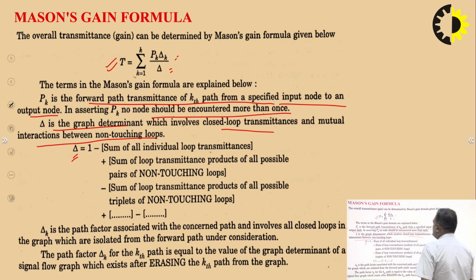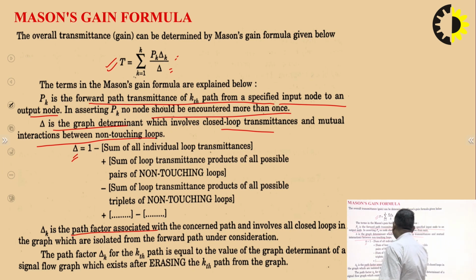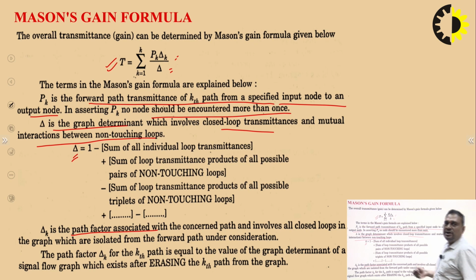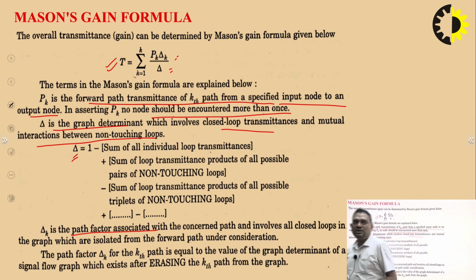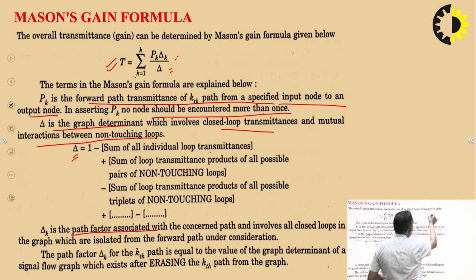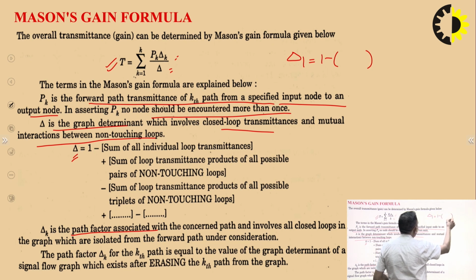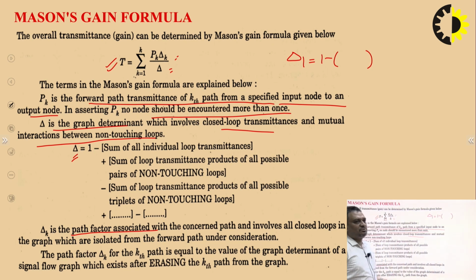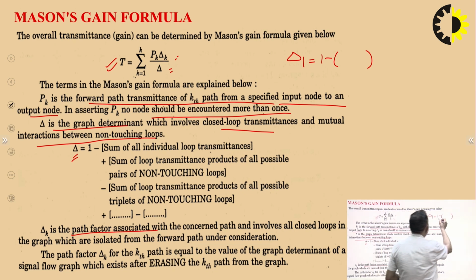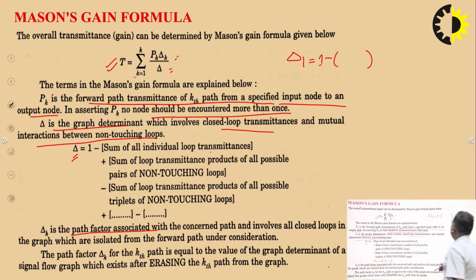Delta k is basically the path factor. If there are 3 paths, let's say P1, P2, P3, then according to each path there will be 3 delta k, that is delta 1, delta 2 and delta 3. Delta 1 is calculated as 1 minus the loop transmittances of the loops which are touching forward path 1.